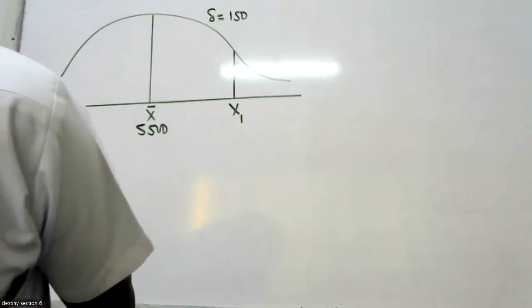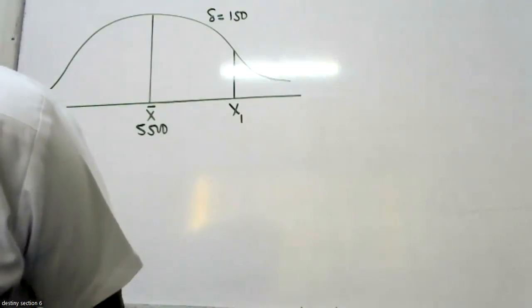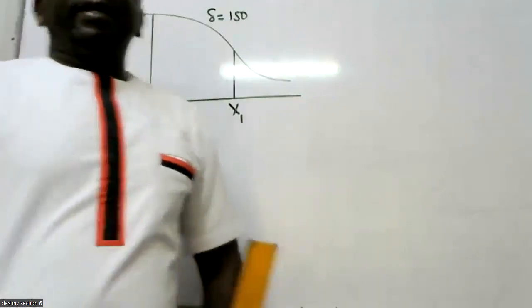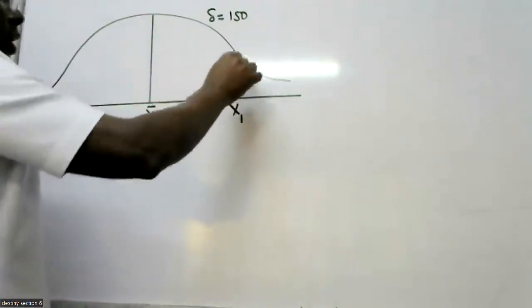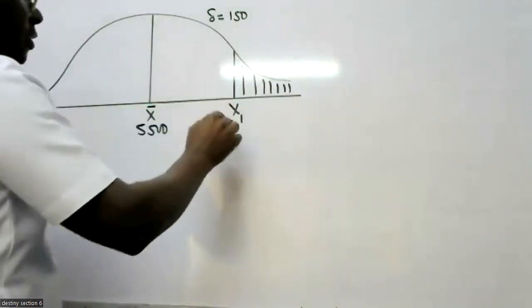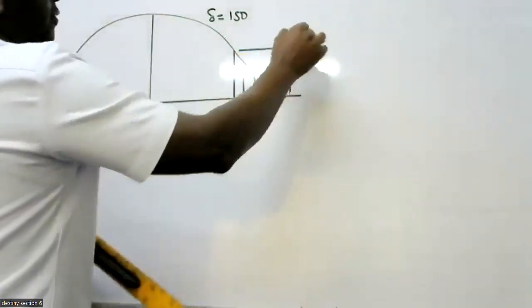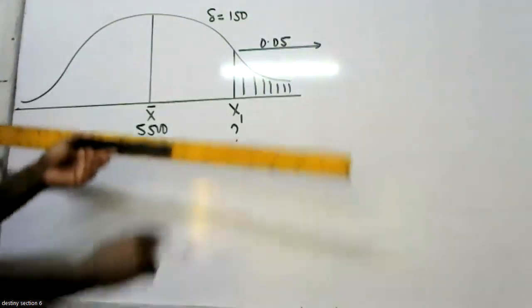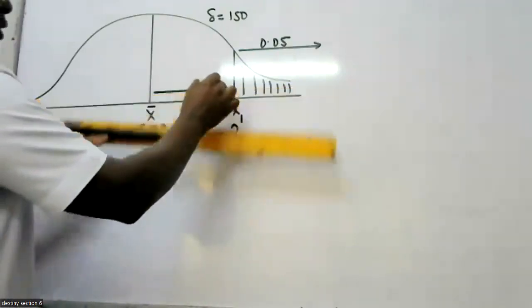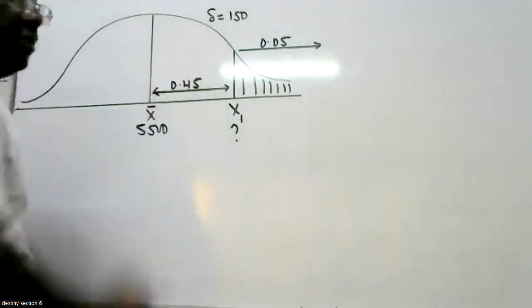The sentence before that was saying the bank is considering paying interest to customers carrying average daily balances in excess. So you pay those who have maintained more. So this is the one that we do not know, but we are told we do not want to pay more than 5%. So this is 0.05. And if that is 0.05, then from our argument that the whole of this is 0.5, then this should be 0.45.